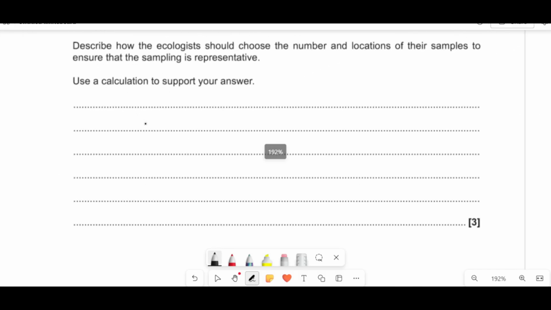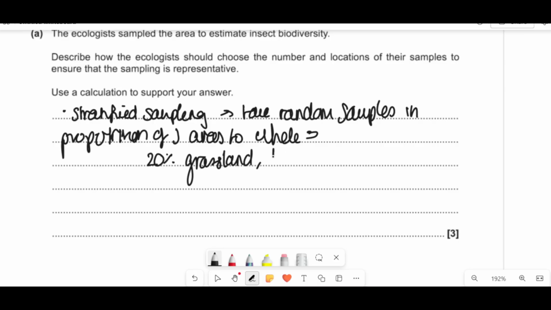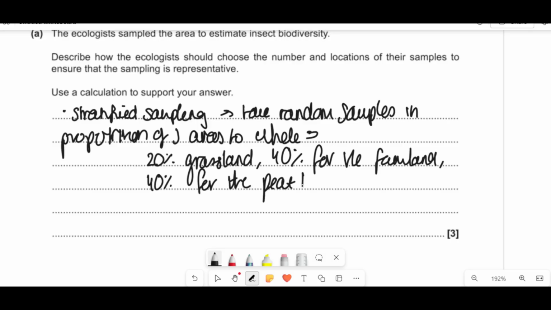So the calculation is you're going to do stratified sampling, and then take random samples in proportion of the 3 areas to the whole, which are 20% for the grassland, 40% for the farmland, and 40% for the peat bog.